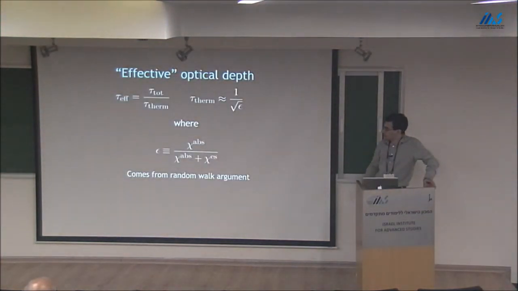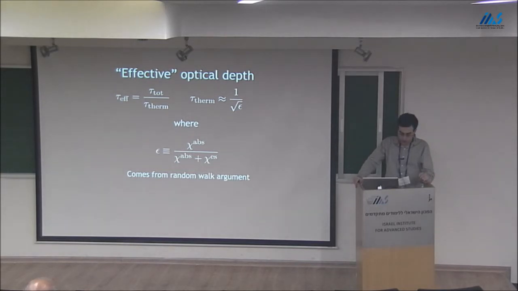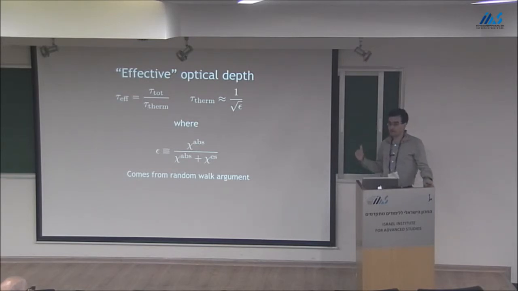So to understand how this is happening, we need to think a bit about effective optical depths in a scattering-dominated atmosphere. So for a given process, if you want to know how deep into the atmosphere you're seeing the emission from that process, you need to consider something called the thermalization depth, which is approximately 1 over the square root of something called epsilon, where epsilon is a ratio of whatever is the absorption opacity to the total opacity.